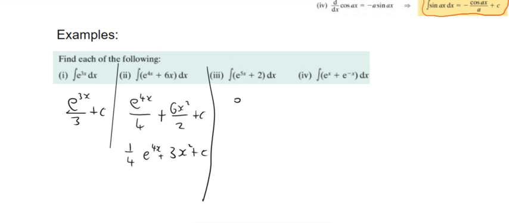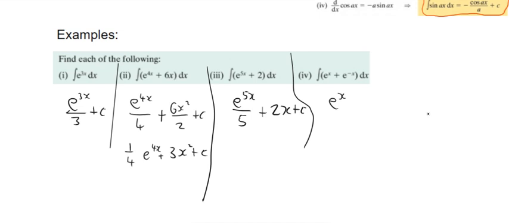Right, e to the 5x will be e to the 5x all over 5 plus 2x plus c. So 2, when it's integrated, becomes 2x. And then last one, e to the x by itself is just e to the x. It will be kind of over 1, but that doesn't make a difference.